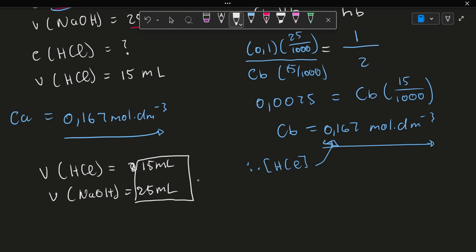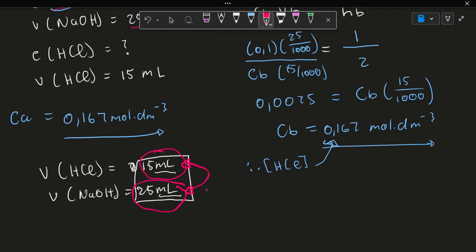Because at the end of the day, for as long as these two have the same unit, it really doesn't matter whether you change it or not. But if you decide to change it, you need to make sure that you convert both of them into cubic decimeters. If you don't convert, then you need to maintain both of them in milliliters.